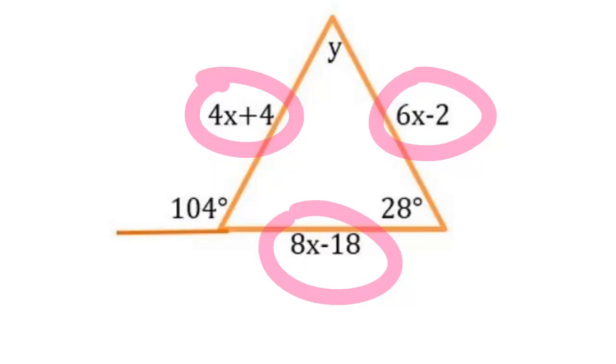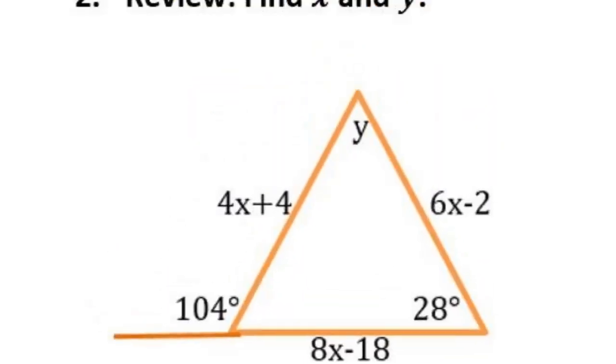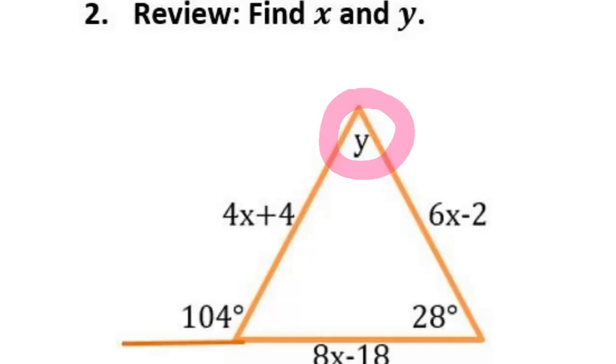And we don't have any rules about what the sides of a triangle add up to. We have a rule about what the angles of a triangle add up to, but not what the sides of a triangle add up to. So until I know which sides are the same size, I'm not going to be able to find y or find x. So let's move on and see if we can find y, and then see if we can use that to find x.